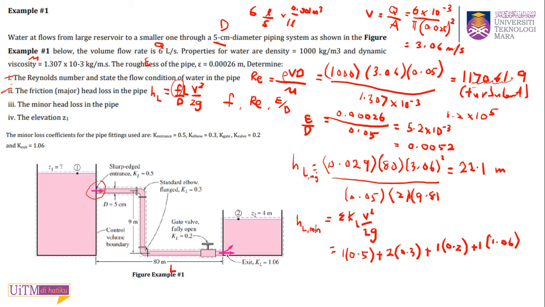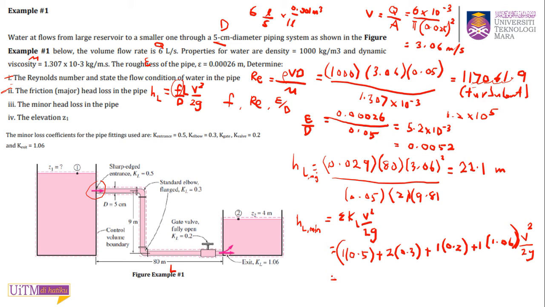Anything else? So we have entrance, we have elbow, we have the valve, we have the exit. Entrance, elbow, the gate valve 0.2, exit 1.06. That's all for your summation for your KL. You add everything here, then times the velocity squared, V squared over 2G.